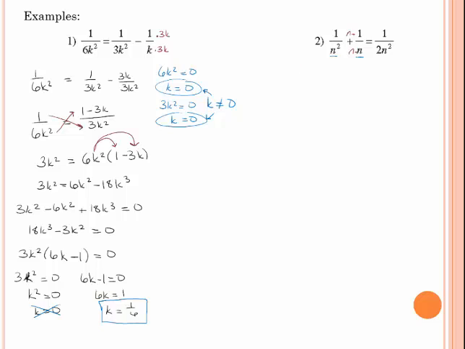That gives me 1 over n squared plus n over n squared is equal to 1 over 2n squared. I'll add these together, so I'll get 1 plus n over n squared is equal to 1 over 2n squared. I cross multiply.